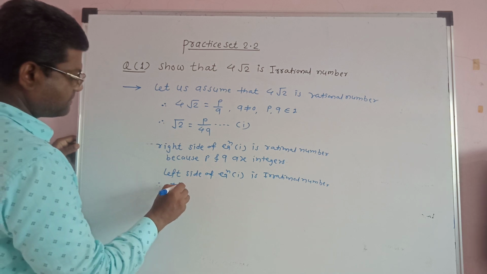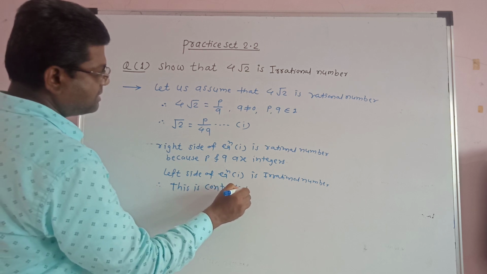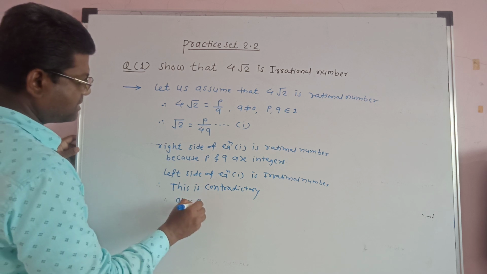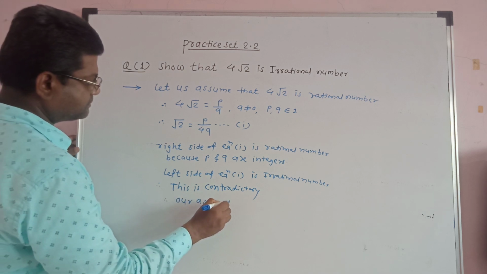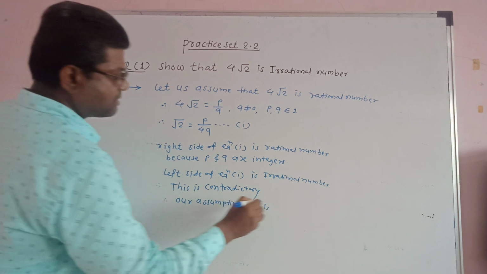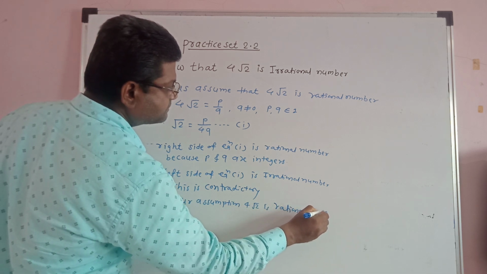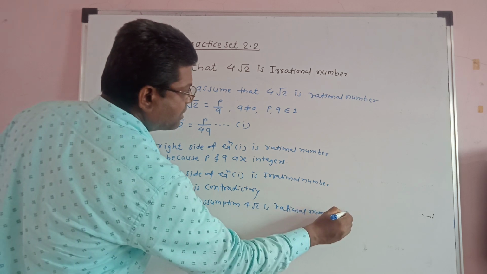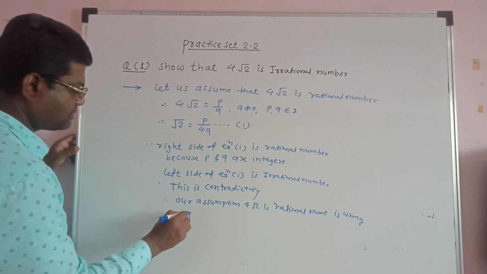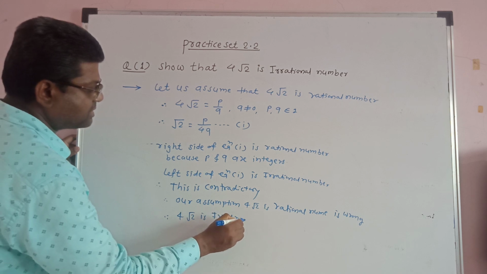Therefore, this is a contradiction. Therefore, our assumption that 4 root 2 is a rational number is wrong. Therefore, 4 root 2 is an irrational number.